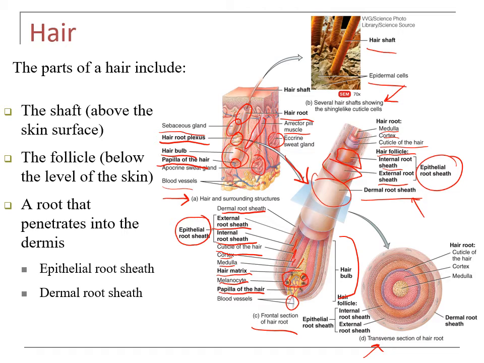Way in the middle, we have the medulla, the cortex, and the cuticle of the hair, right? That makes the hair root. As for the hair follicle, which is made up of internal root sheath and external root sheath, together they make the epithelial root sheath, and the outermost layer is the dermal root sheath.